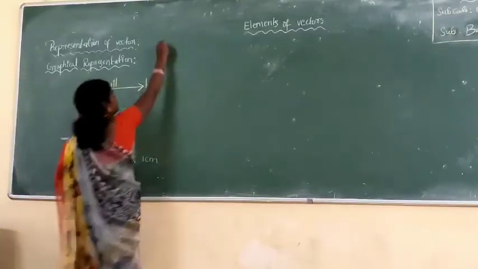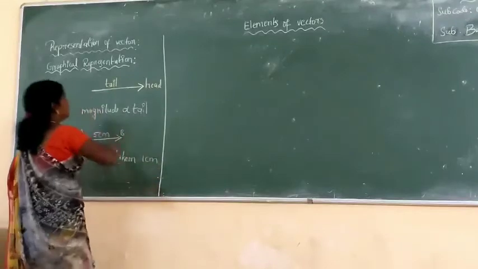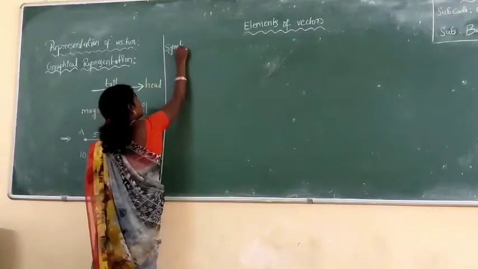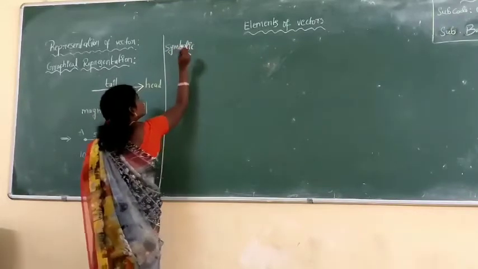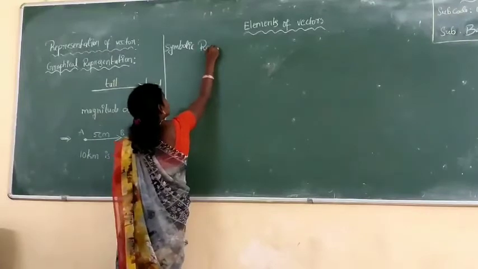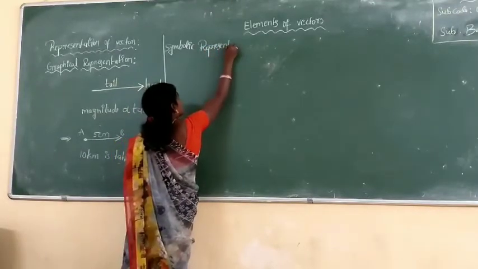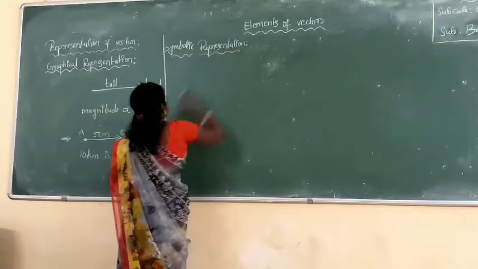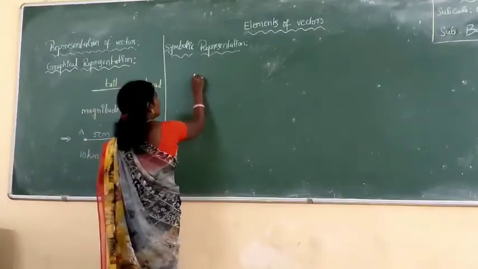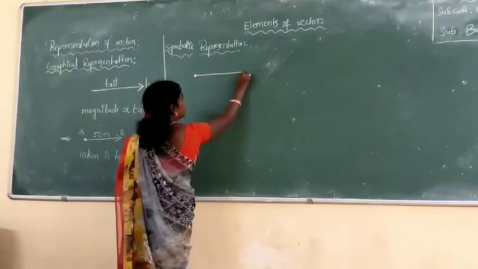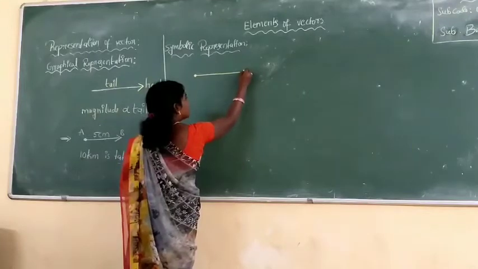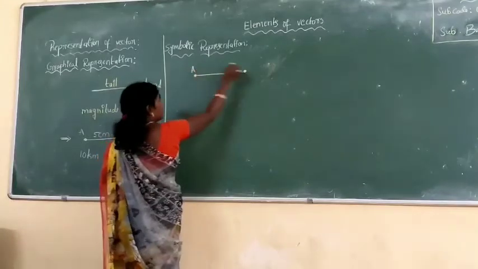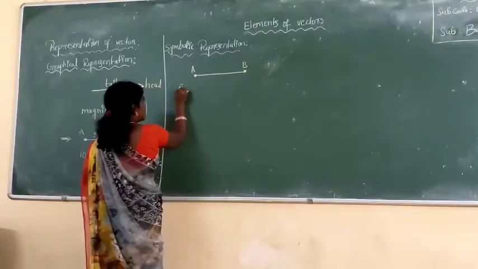Next one. What is the second type? Symbolic representation. Look, this is the symbolic representation. A, B, this is the initial point.